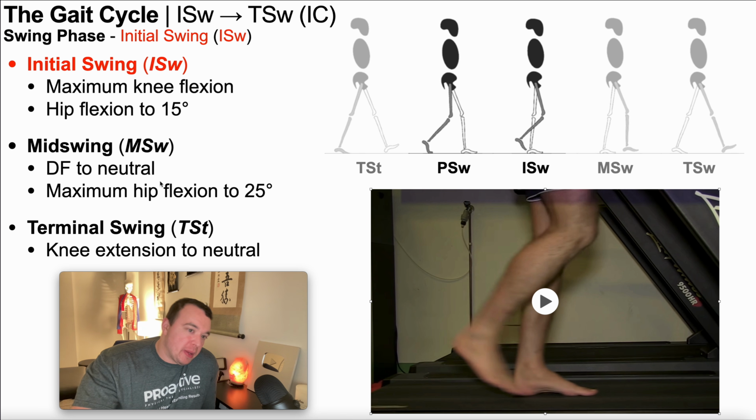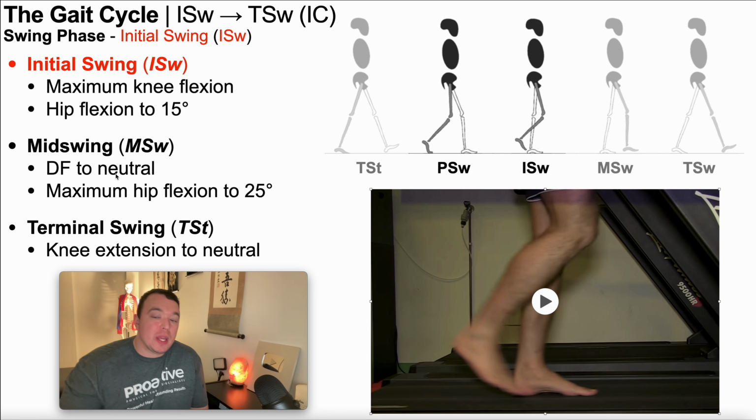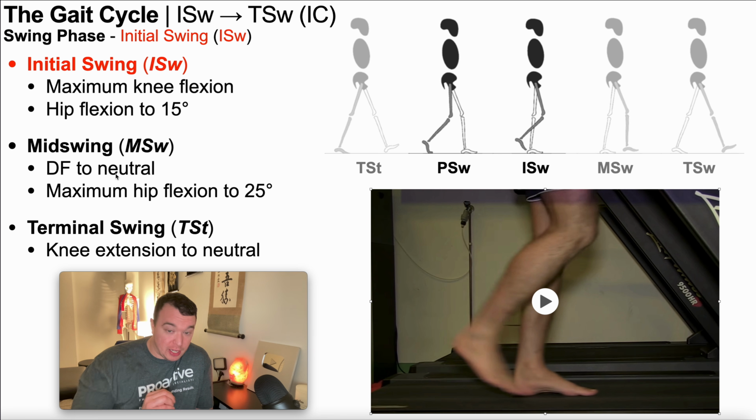You'll notice, jumping ahead, that in mid-swing, the angle of the talocrural joint is neutral, 0 degrees. Once we hit 0 degrees at that ankle joint, we have technically crossed into mid-swing. So these 2 phases sort of blend together, but especially once we get to ankle neutral at the talocrural joint, that's when we have definitively crossed into mid-swing. Okay? Let's take a look at initial swing in more detail now.